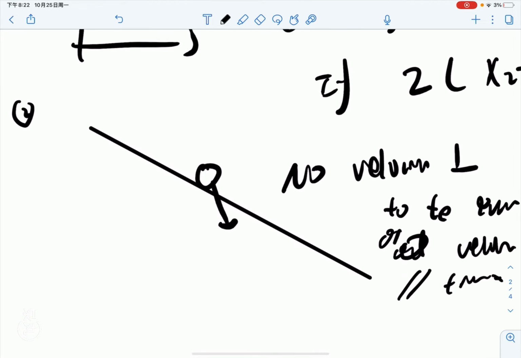If you have that velocity, it's going to be really weird. It basically means that in the next second it will go into the plane, which is really weird. So no, you can't have a component of v that is perpendicular to the plane, or else it will go into the plane. So all velocity must be pointing in the direction that is parallel to the plane.